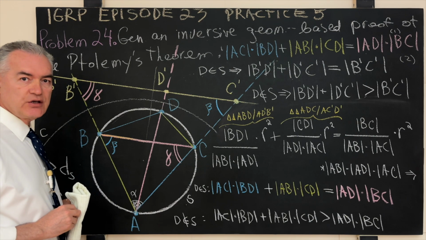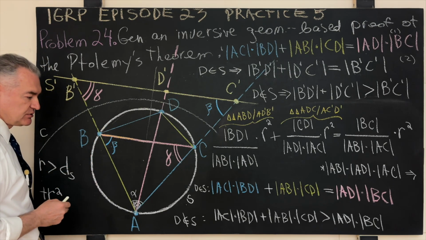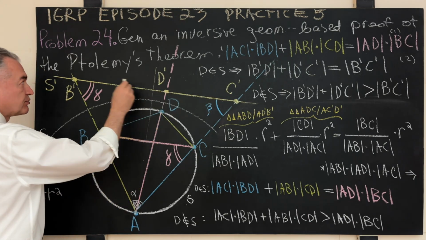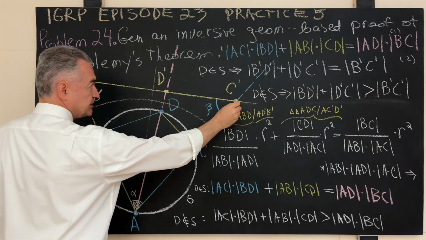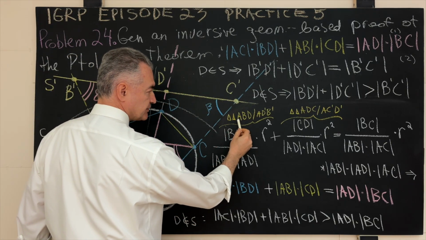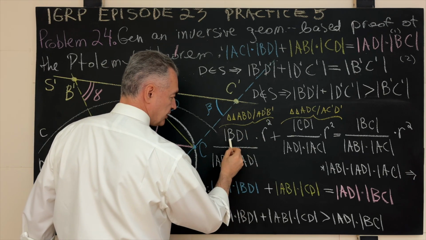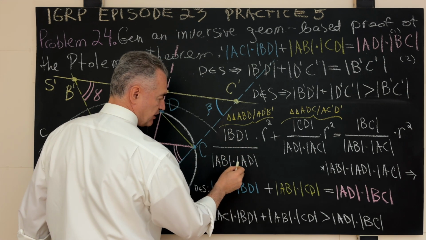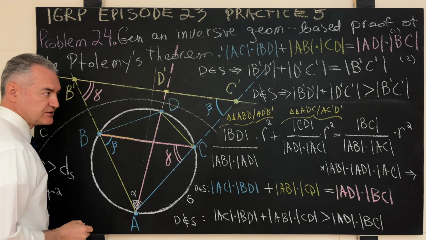And if we torture the remaining two pairs of triangles in the same way as we tortured the previous pair of similar triangles, that is the triangles A, B, D, and A, D prime, B prime, and A, D, C, and A, C prime, D prime, then from the first pair of similar triangles A, B, D, and A, D prime, B prime, we will obtain this relation over here, the distance BD times r squared divided by the product of distances between the points A and B and A and D. This is the relation.